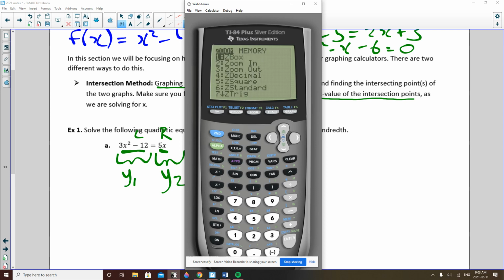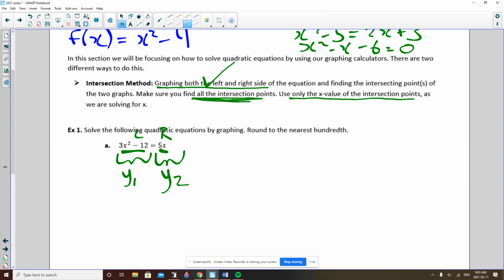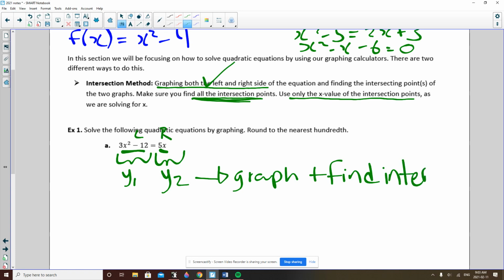So I'm going to zoom out a little bit so I can see both of the intersecting points here. Okay, there we go. Not great to see, but I can see that there's two intersecting points there. So if that's what I just did, I'm going to write that down in the notes for myself. So I graph this. And according to my steps up here, I need to find the intersections.